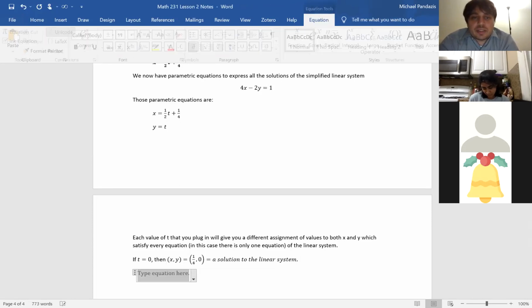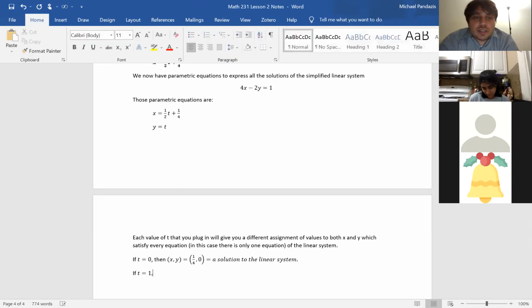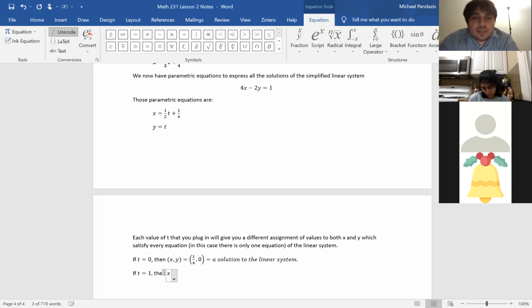Okay, if t equals 1, then x comma y is equal to, well, 1/2 times 1 is 1/2, 1/2 plus 1/4 is 3/4, and then y is 1. And that is another solution to the linear system.